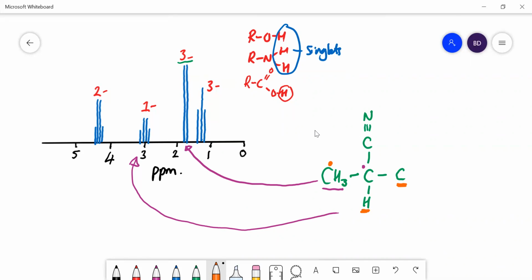So how can we have that? Well, we know we've definitely got a carbonyl in this compound. So if I put the carbonyl there, then that's the splitting pattern of this one and this one. Absolutely right: a doublet and a quartet.